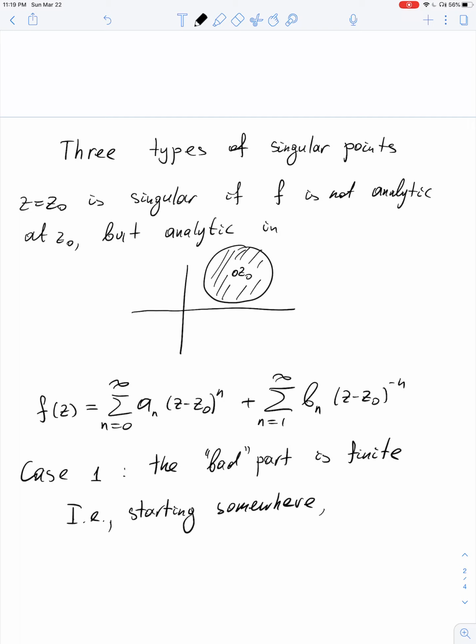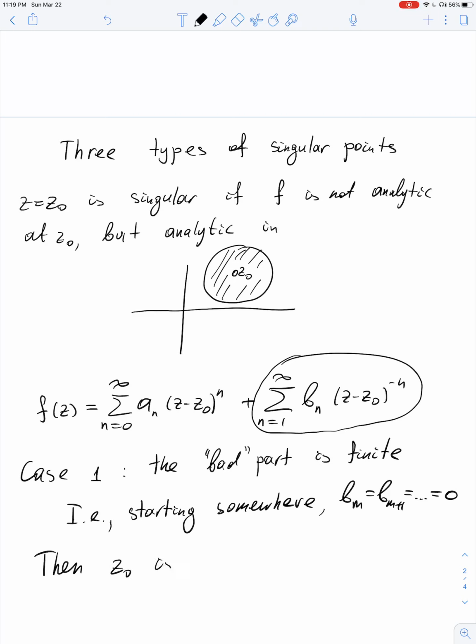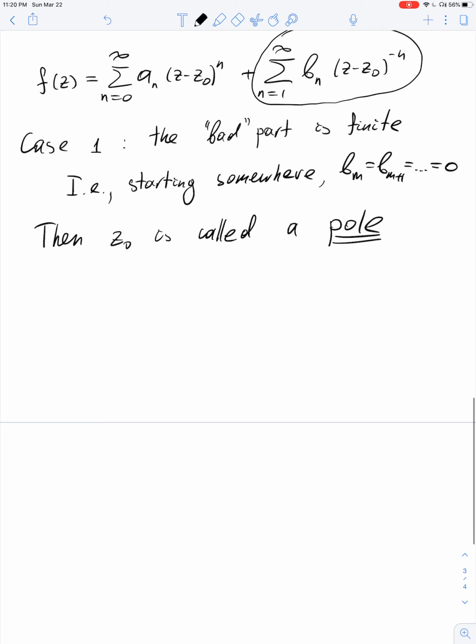Starting somewhere, we get b_m equal to b_(m+1) equal to so on equal to 0. So this part doesn't go all the way to infinity. It goes just to some term and then it stops. Then z0 is called, and I used this word occasionally before, a pole. This will be a really important word for us.